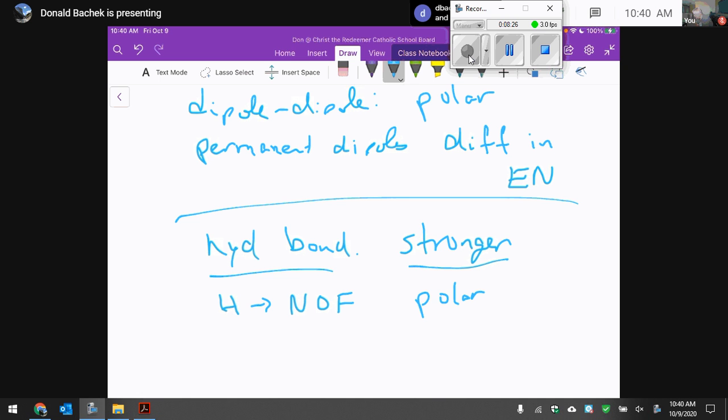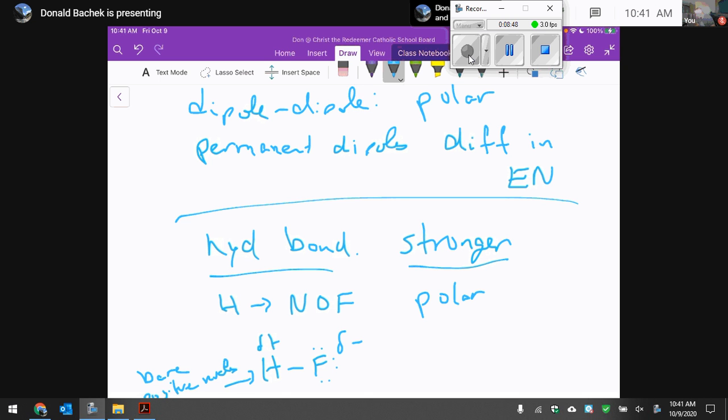So you want to say things like, even if we just had the simple example of HF, which is hydrogen bonding, we have the negative end, we have the positive end. But don't forget, here is the bare positive nucleus, or nearly bare anyway.